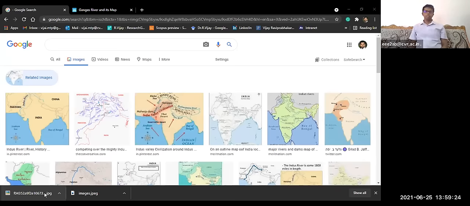So this is the first longest river in India. Even though it passes through Pakistan, the origin point is from India, and it is approximately 2,900 kilometers. So which is the second longest river, any idea?